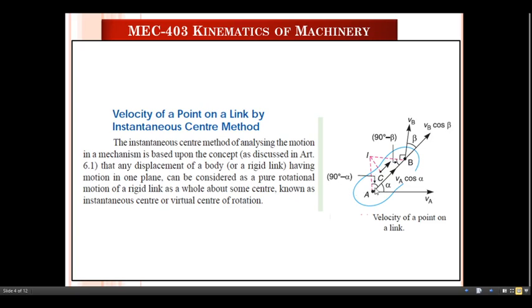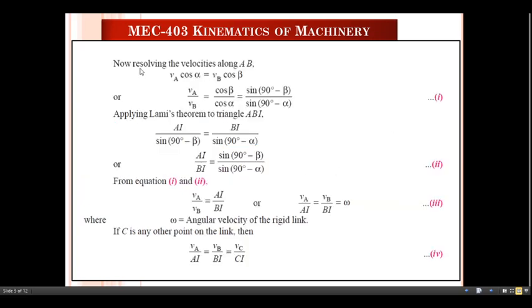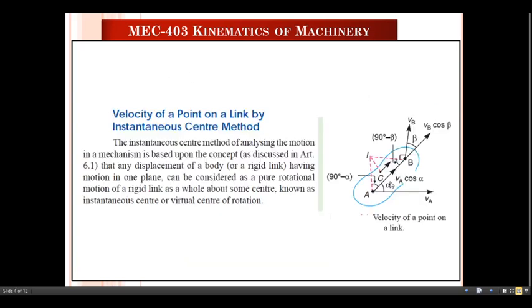Now from the geometry, what about this angle? It is 90 minus alpha. Here is the perpendicular, the 90-degree angle, and then we can get this one as 90 minus alpha. A similar case is here, where we can get 90 minus beta in this way. Now for further analysis, resolve the velocities along A and B. Here is the resolution.